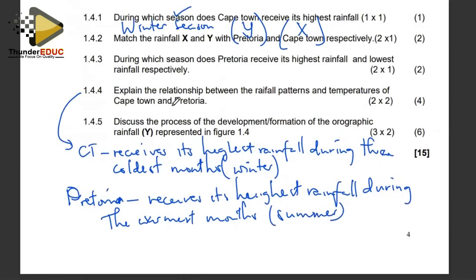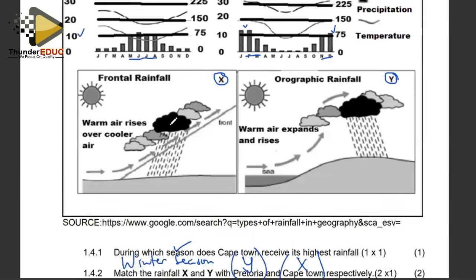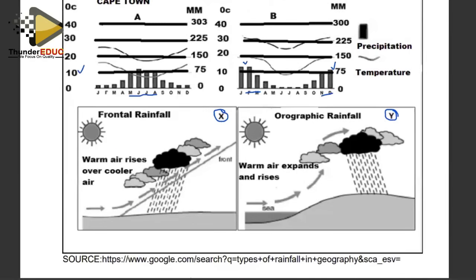Right, we move on to question number 1.4.5. Discuss the process of the development and formation of orographic rainfall. I'll use the illustration to explain. What you are seeing here is what you're supposed to explain. Right, we are saying there is warm and moist air over the ocean.